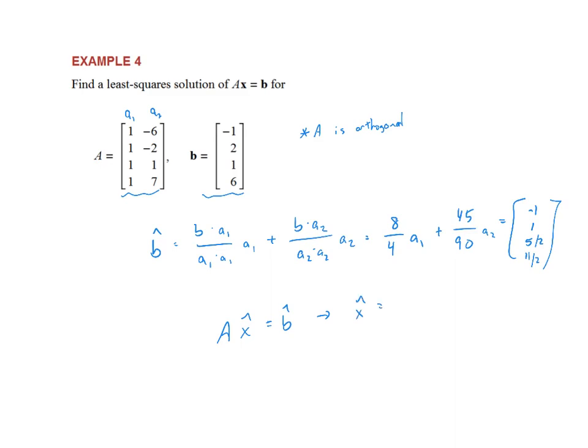Solve for x hat, 2 and 1/2. Take your matrix A, augment it with the b hat column that we just found, and solve it. You could do it by hand, it wouldn't be terrible, but it's a little bit quicker if you use your calculator. Again, that was simpler because the columns of our matrix A were orthogonal to each other.